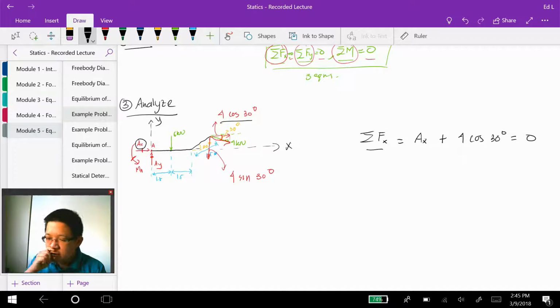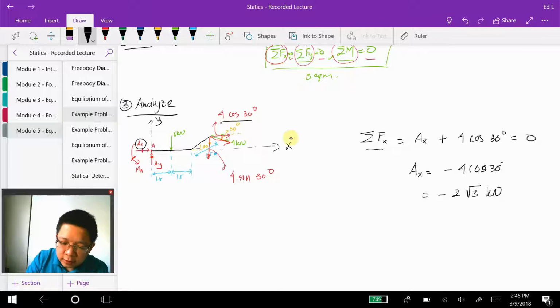So in here we obtain that AX is equal to negative 4 cosine 30 degrees. When we calculate this, we obtain negative 2 square root of 3 kilonewton, because the 4 in here is in kilonewton.